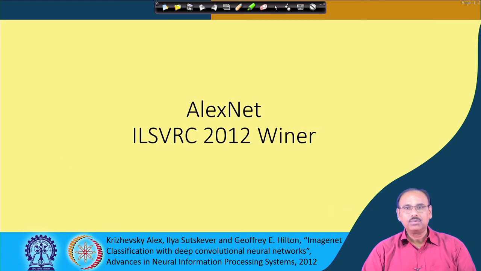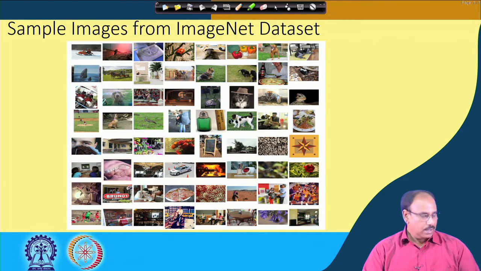Before we go to the architecture of AlexNet, let us see what kind of images this ImageNet contains, or what is the nature of the database. Here I have shown just a few samples from the ImageNet database, and you find that there are images of dogs, birds, horses, cars and all that.